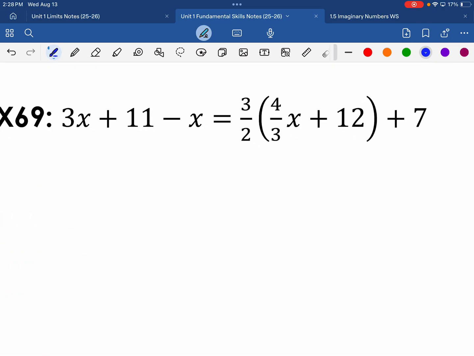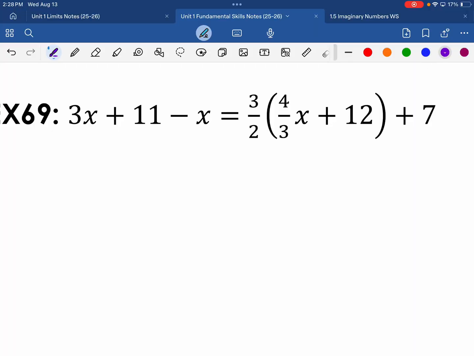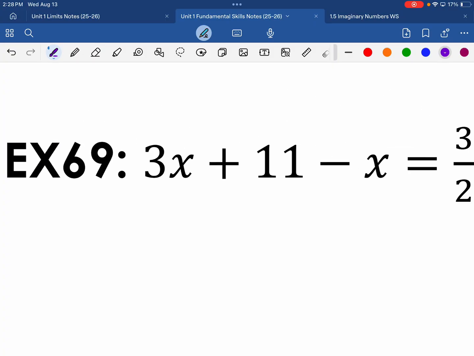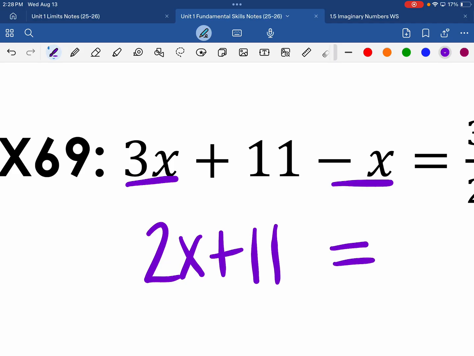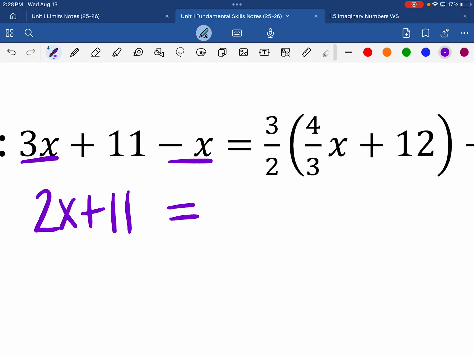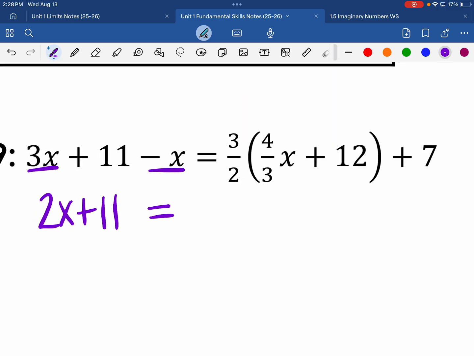All right, and my last example. I've got a lot of stuff going on here, so I'm going to simplify both sides of my equal sign. If I look at the left side of my equal sign, what can I combine? The x's. What's 3x and negative x make? 2x. And then I'm going to do the right side.